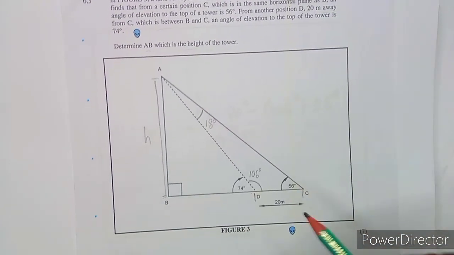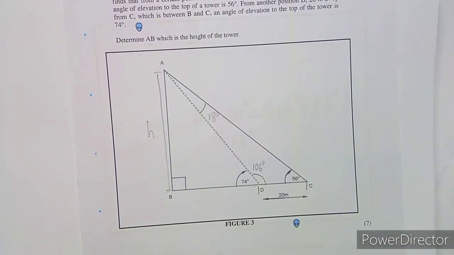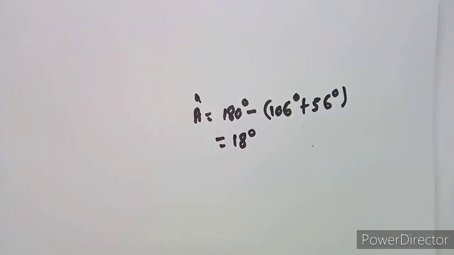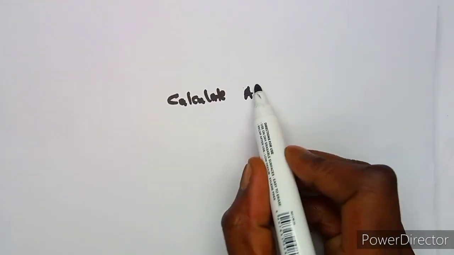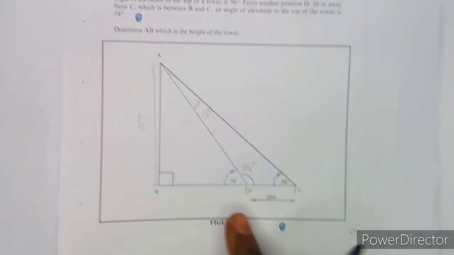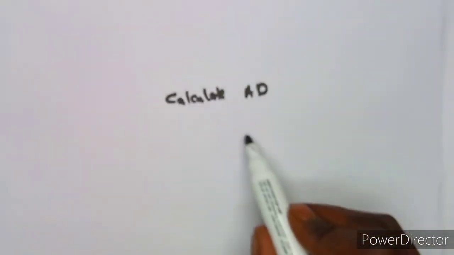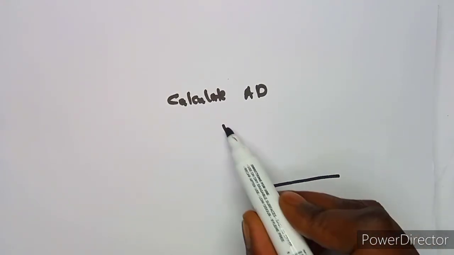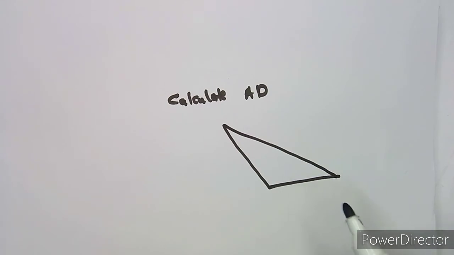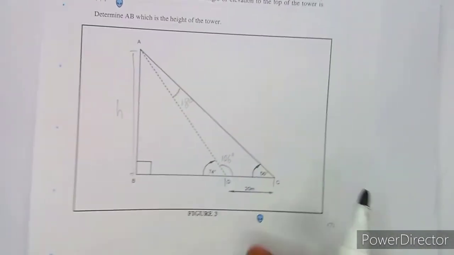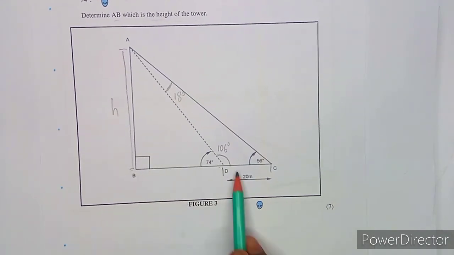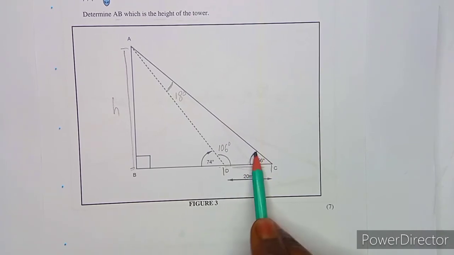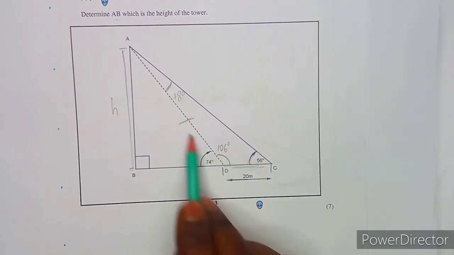All right, so remember what I said, guys. I'm going to calculate AD. So calculating AD, this is the triangle that I'm using here. It's a non-right angle triangle, which means we can apply sine rule, because here we have got an angle which corresponds with this side, and we want to calculate this side here, so they are opposite to each other.